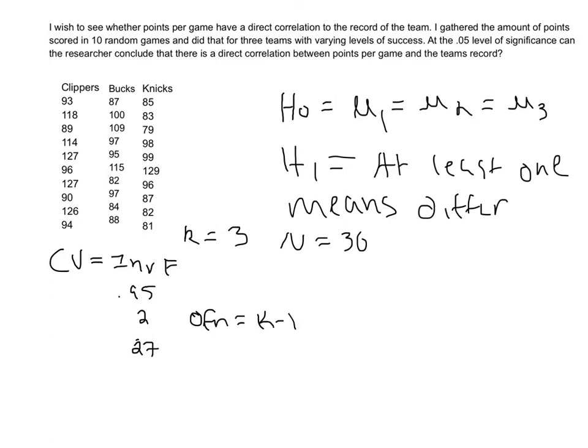And that's how you get 2, obviously. And then the next formula is N minus K, which is how you get 27. Once you put that in your calculator, you should get 3.354.